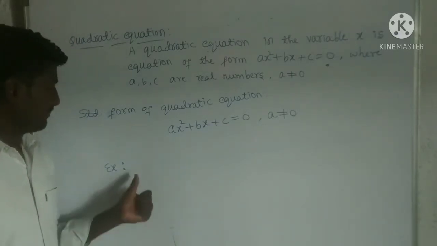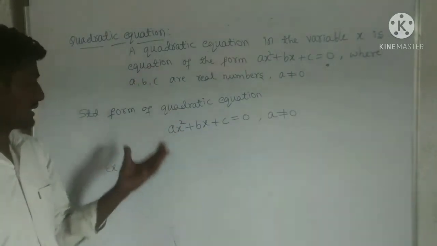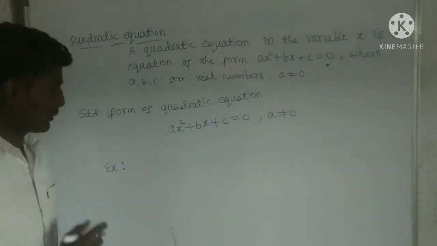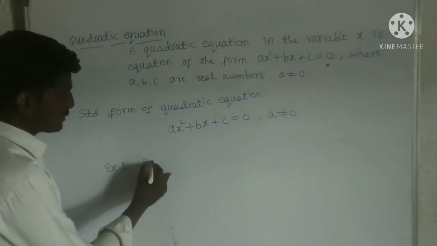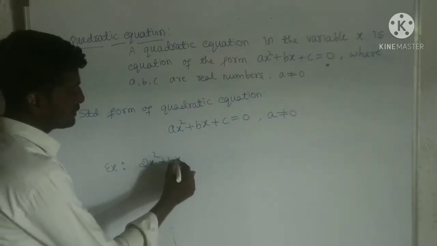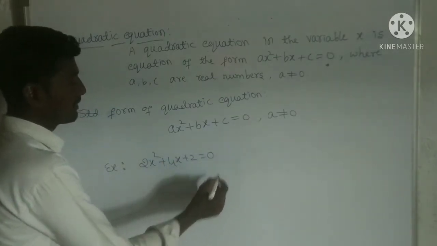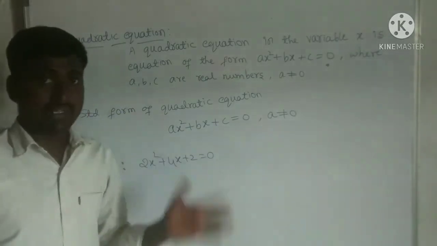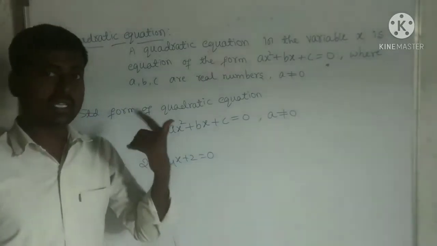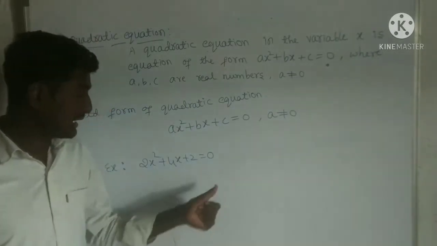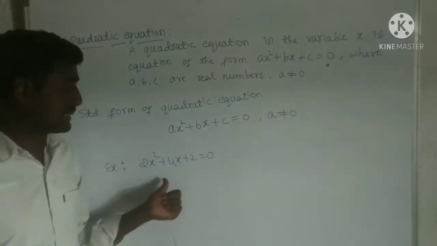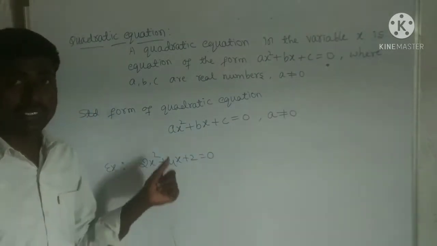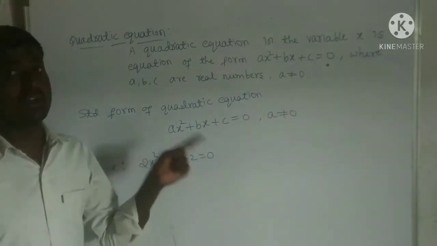Now let us see the examples. Which type of examples can we call a quadratic equation? Now I'll write 2x square plus 4x plus 2 is equal to 0. To call an equation a quadratic equation, the degree of that equation must be 2, meaning the highest power of the variable.